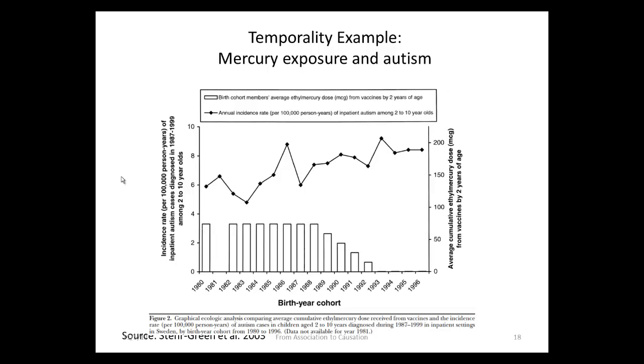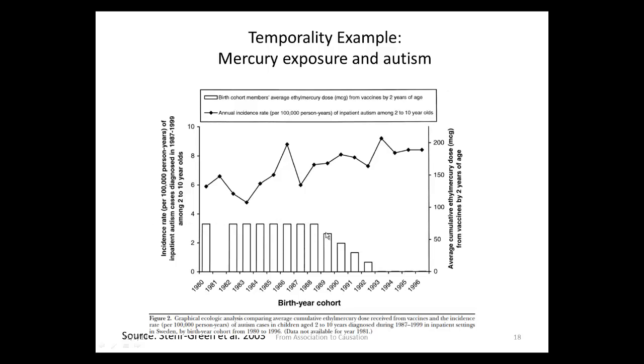One example we've talked about is the rising incidence of autism and whether it's related at all to the vaccines that children are receiving, and specifically the mercury that's sometimes used as a preservative. If that were the case, we would want to see that over time, as kids got more mercury in their system from vaccines, that we were seeing more autism. And that's actually quite the opposite of what's really going on.